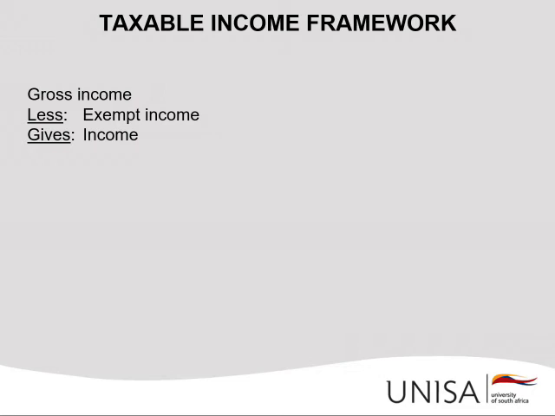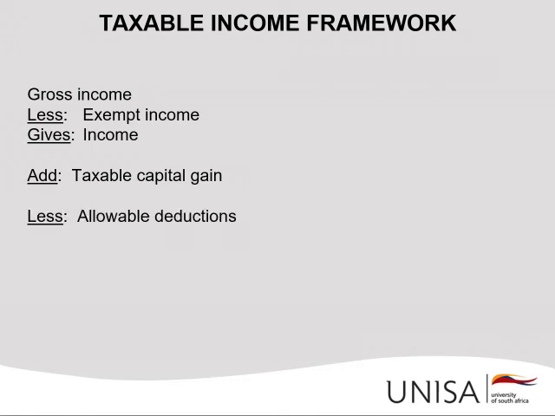After dealing with income, a taxpayer will be required to include any taxable capital gain. They will also be able to deduct an assessed loss from the previous year of assessment. The last step in calculating taxable income is that a taxpayer is able to deduct certain expenses that are provided for in the Income Tax Act.